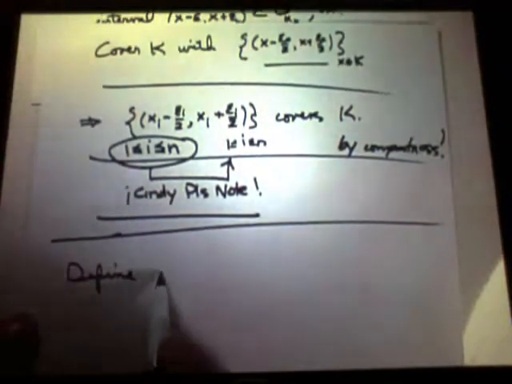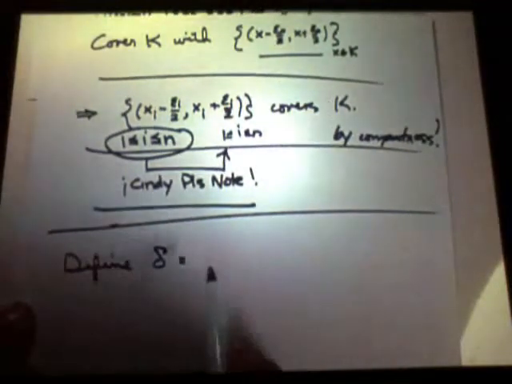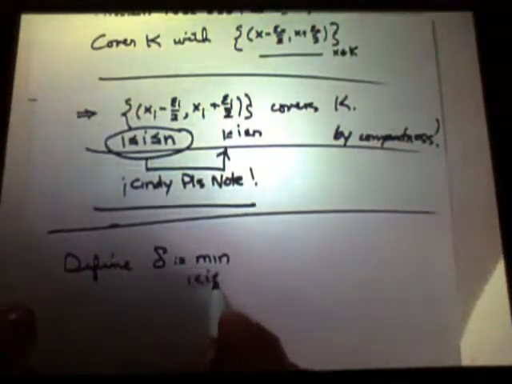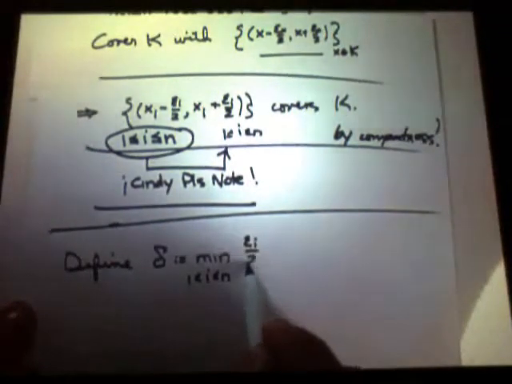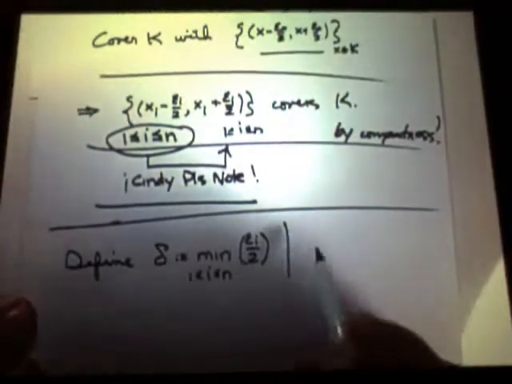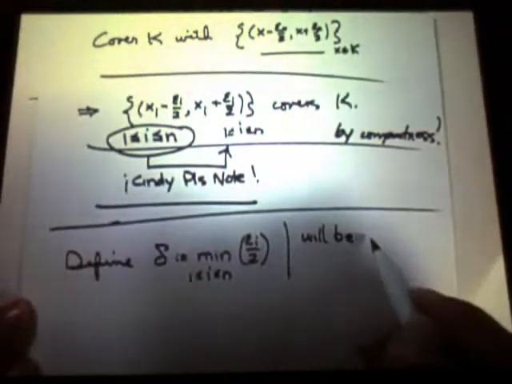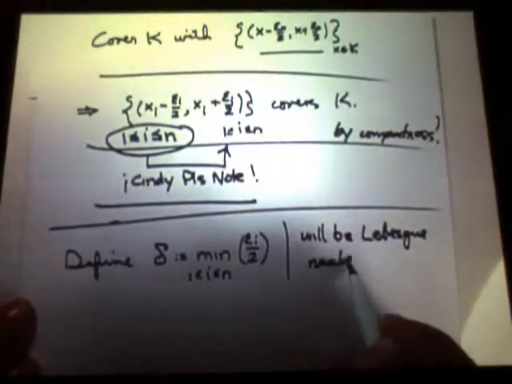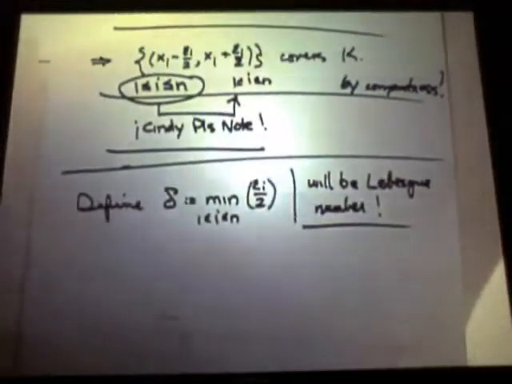Now, define delta to be the min over all the i's of the epsilon i over 2. I claim it's going to be the Lebesgue number for the cover.